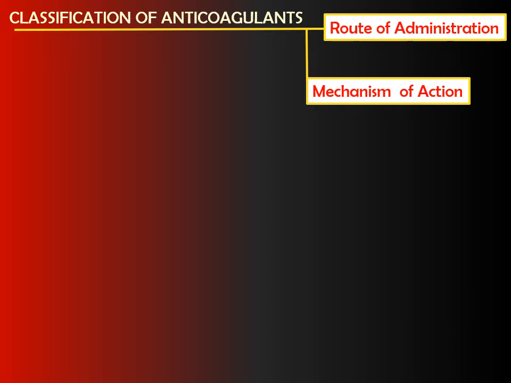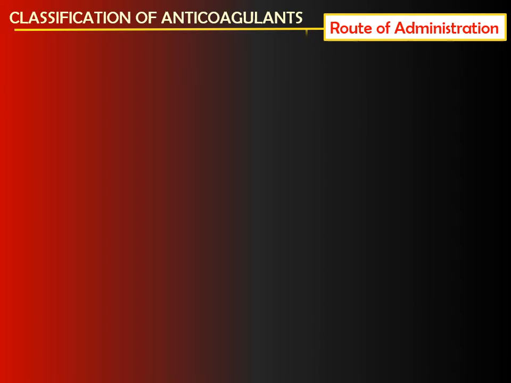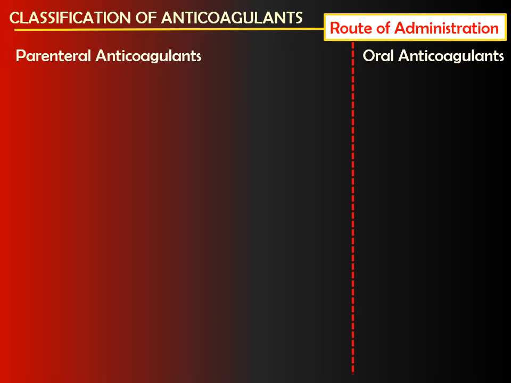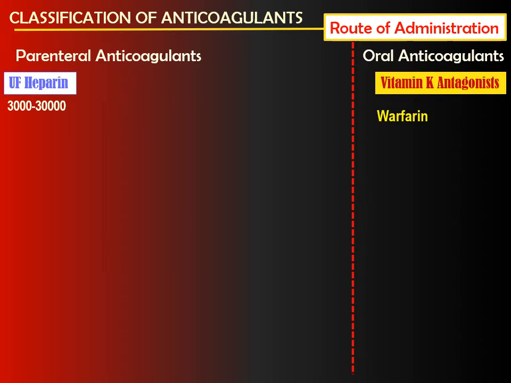The other classification of anticoagulants is according to the route of administration. There are two routes of administration for anticoagulants, either parenteral or oral anticoagulant. Heparin, unfractionated heparin, is given only parenterally, and warfarin is given only orally.